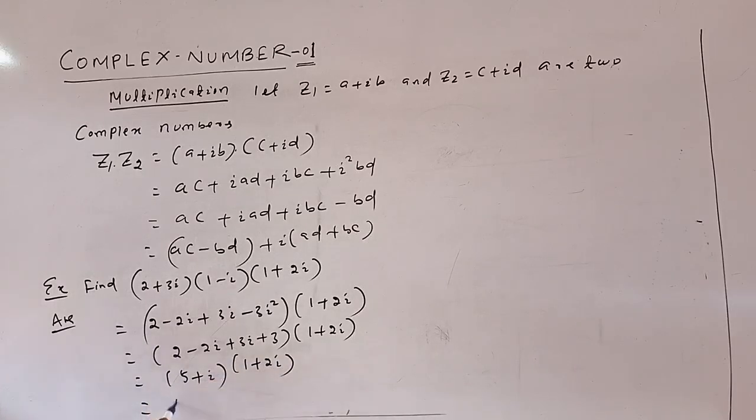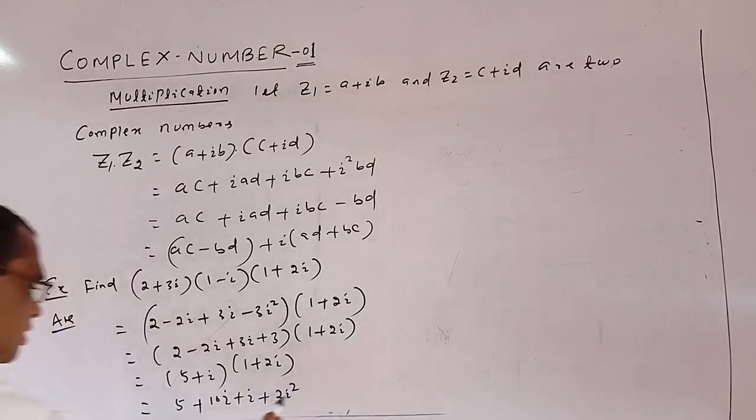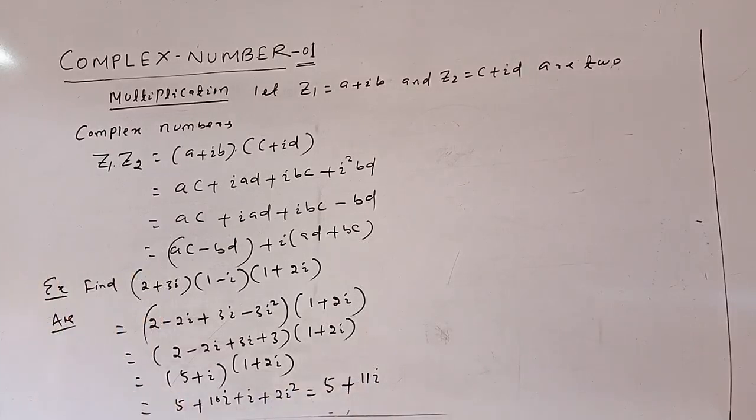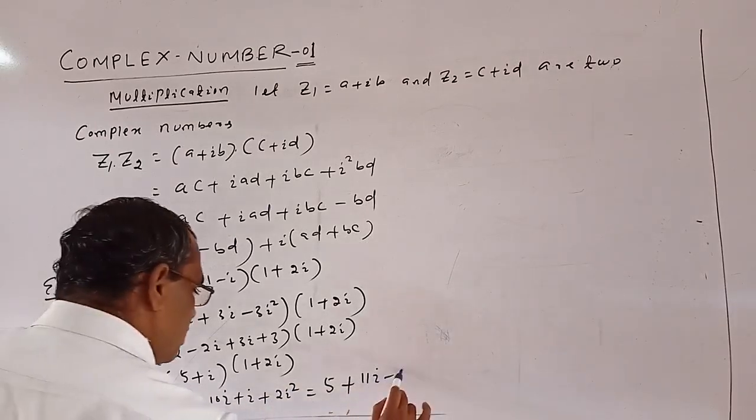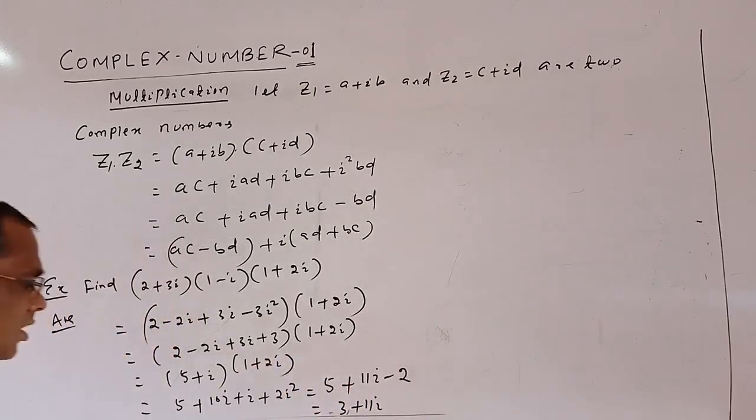So 5 into 1 is 5, plus 10i, plus i plus 2i square, and this is 5 plus 11i because 10i plus i is 11i. I square means minus 1, minus 2, so 5 minus 2 is 3, plus 11i. So here the real part is 3 and the imaginary part is 11i. So multiplication of 3 complex numbers is again a complex number.